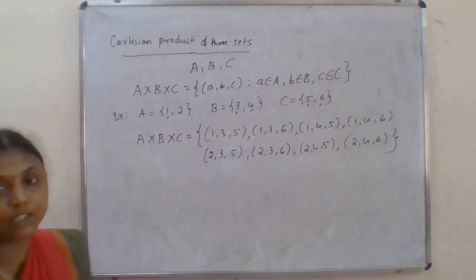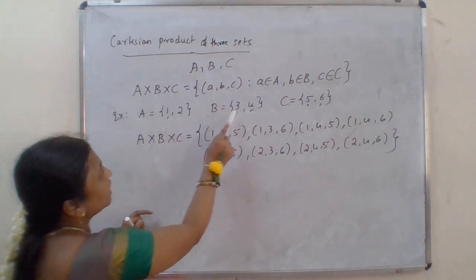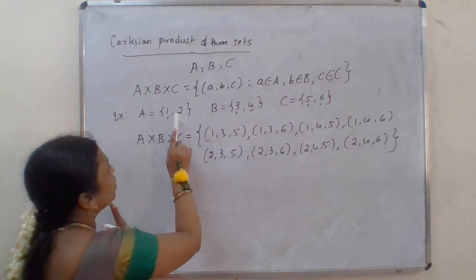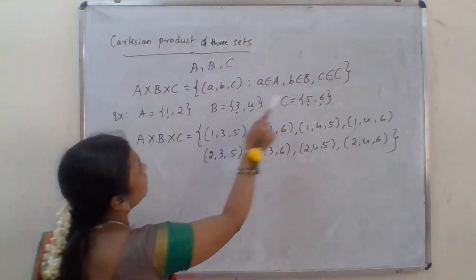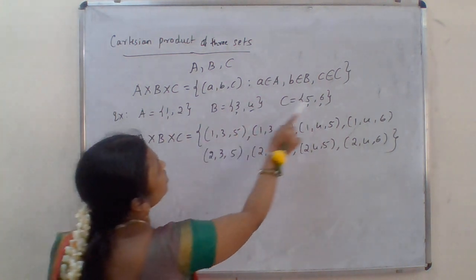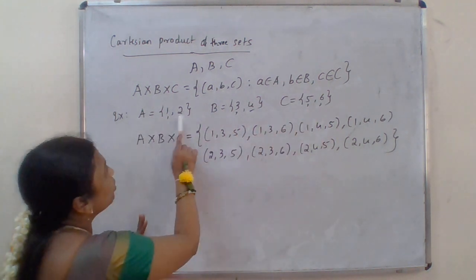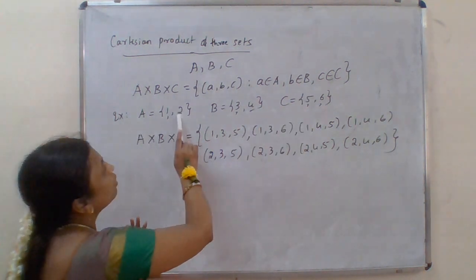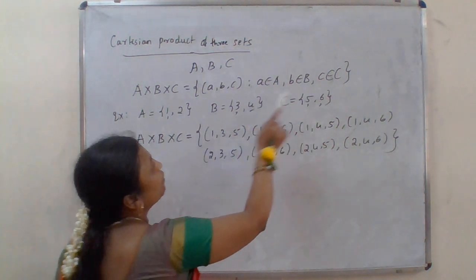So how do you write this? (1, 3, 5), (1, 3, 6), (1, 4, 5), (1, 4, 6). Similarly (2, 3, 5), (2, 3, 6), (2, 4, 5), (2, 4, 6).